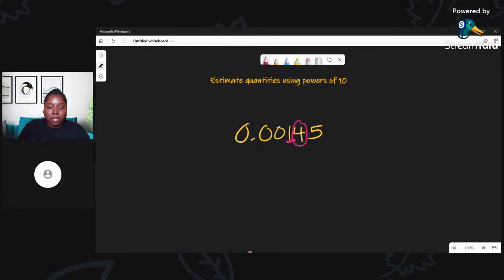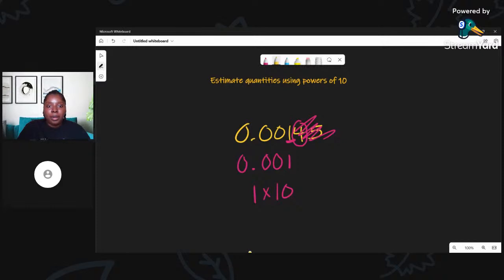Excellent. Okay, and am I going to round? It's going to go down. So what does the 1 become? No, the 1 stays the same. Good. Okay, so it's just a 1. All right, and I'm not worried about these numbers. Okay, so it's 1 times 10 to the what power?